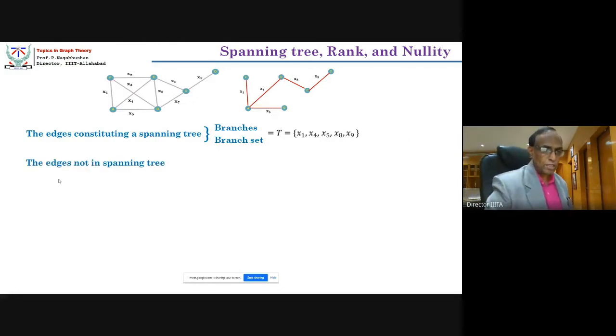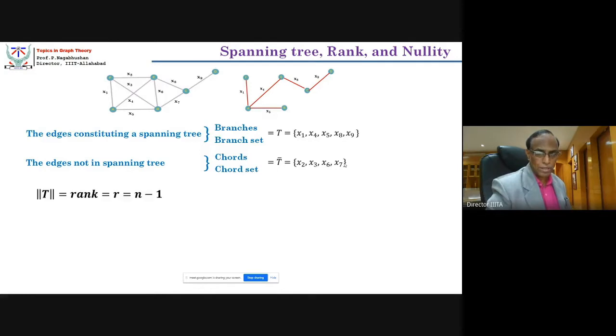So the edges which are not in the spanning tree are called chords, or the chord set. The chord set is T complement. So they are the edges which are not present here: x2, x3, x6, x7. All right. So the number of edges present in a tree is called rank.